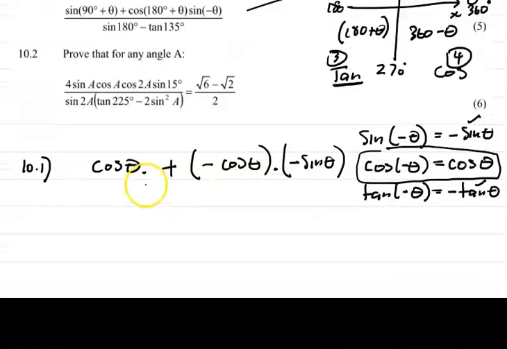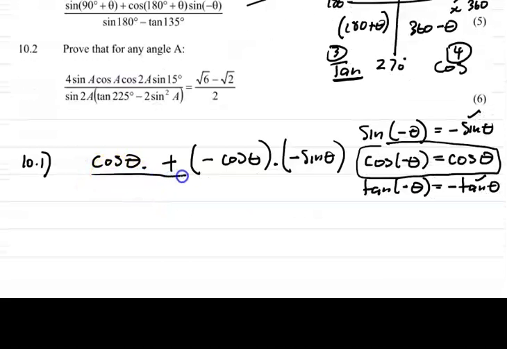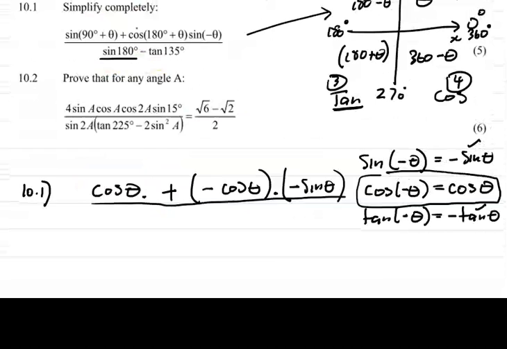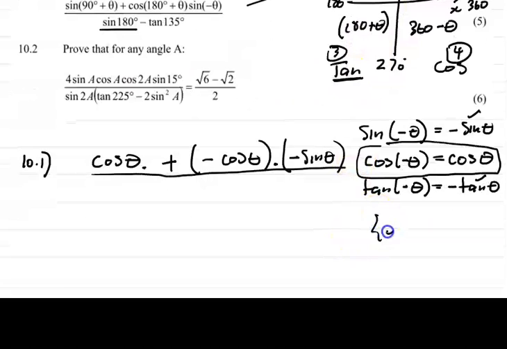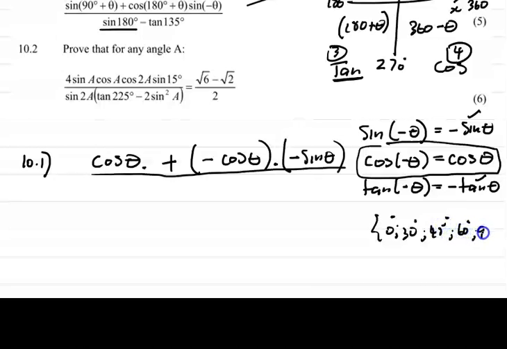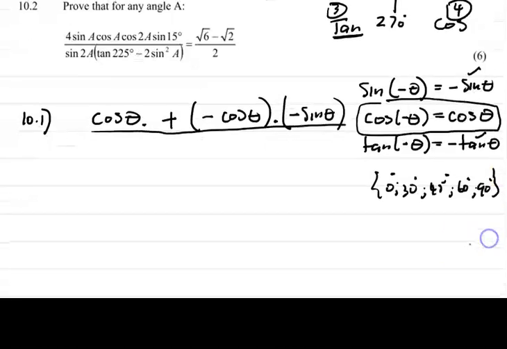Now let's look at the bottom. What do we have? Sine of 180 degrees. If you want to reduce that to a special angle, remember that your special angles are 0 degrees, 30, 45, 60 and 90 degrees.